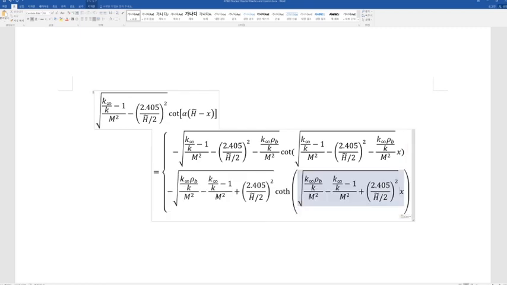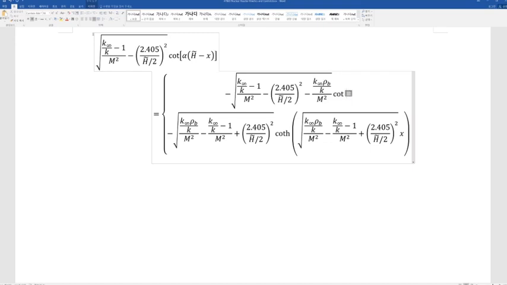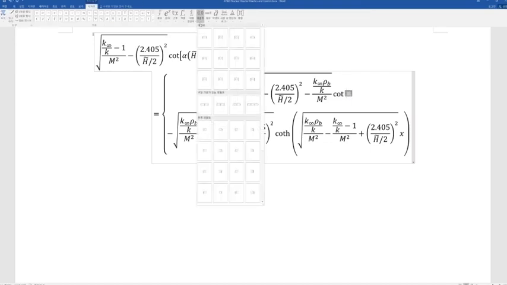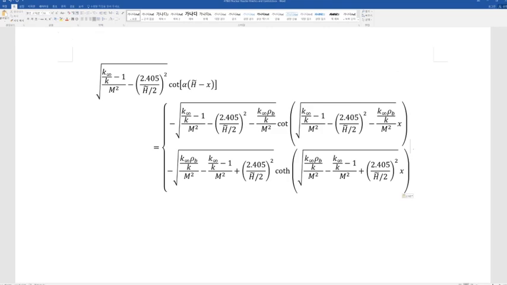So in fact, we need to solve this equation, the former one. So let's use this parenthesis. This is the equation.